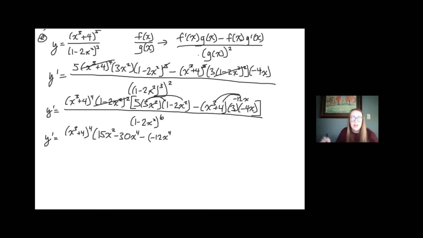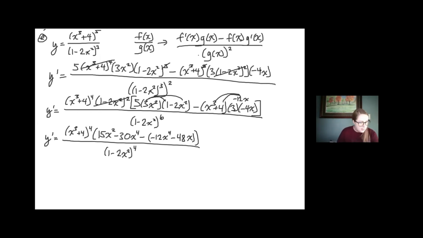And negative 12x times positive 4 is negative 48x. Okay, that is all over 1 minus 2x squared to the 4th, because we canceled out 2 of those factors with the 2 that were in the numerator.